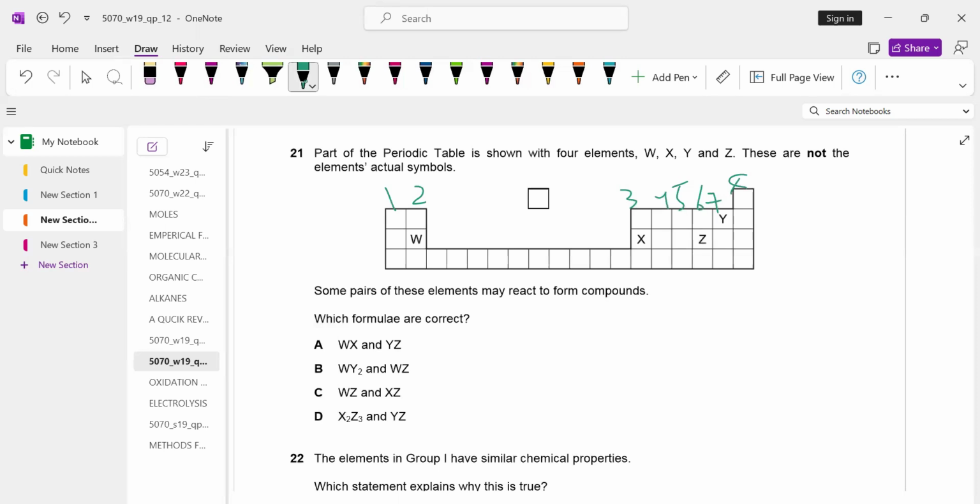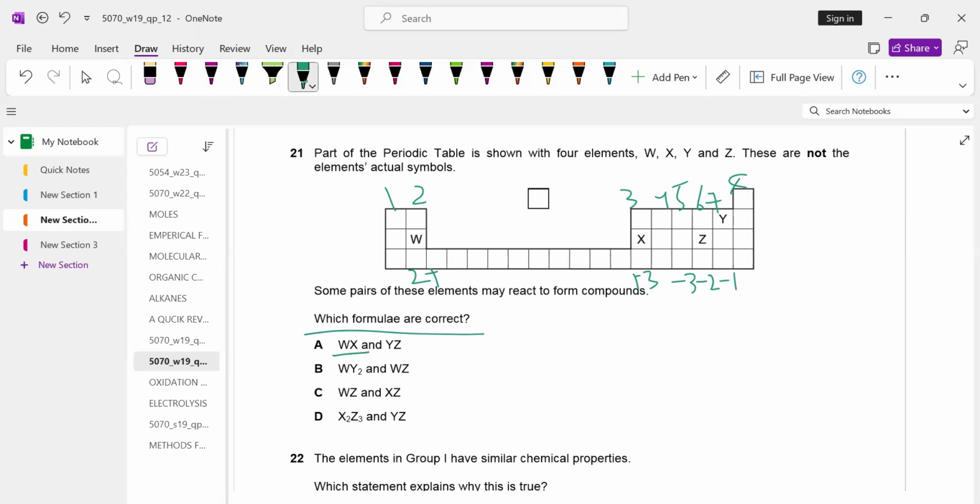So Z belongs to group 6, Y belongs to group 7, X belongs to group 3, W belongs to group 2, which means a positive charge of 2 plus. Group 3 has 3 plus charge, 4, then group 5 has 3 minus charge, group 6 has 2 minus, and group 7 has 1 minus. So which formula is correct?